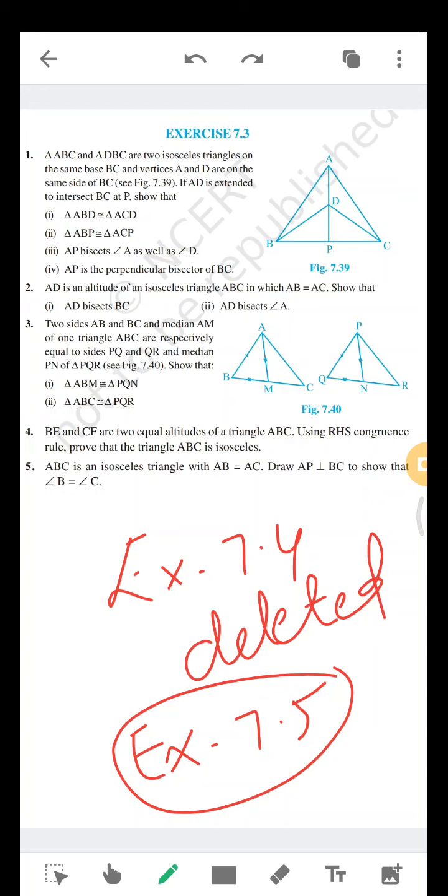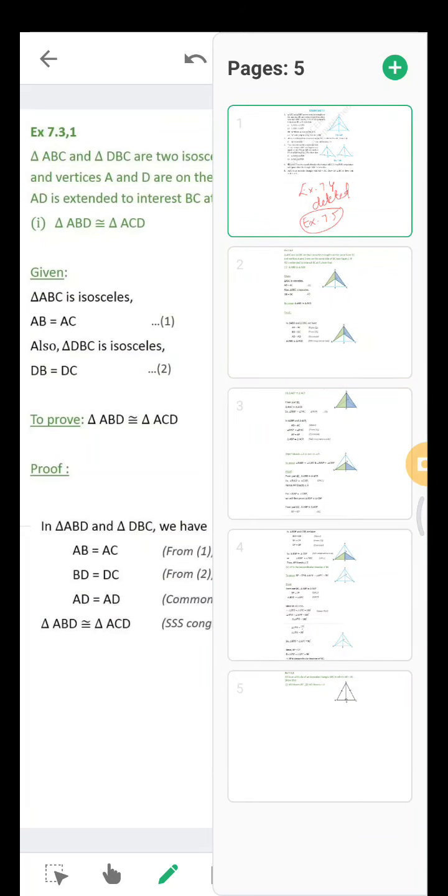We did 7.1, we also did 7.2, so you have got enough practice of congruency rules. So you have to use suitable congruency rules and solve question number 1. So try it. If you get any doubt, you can refer to the solutions which I have given.